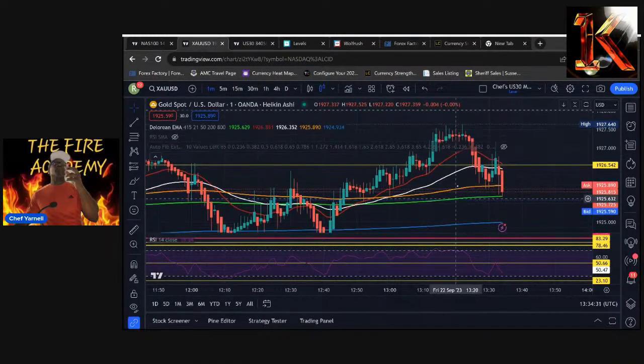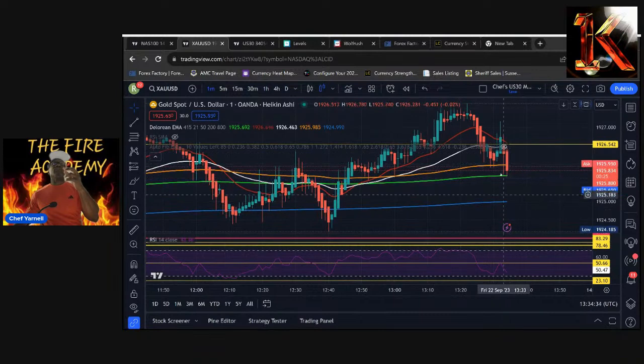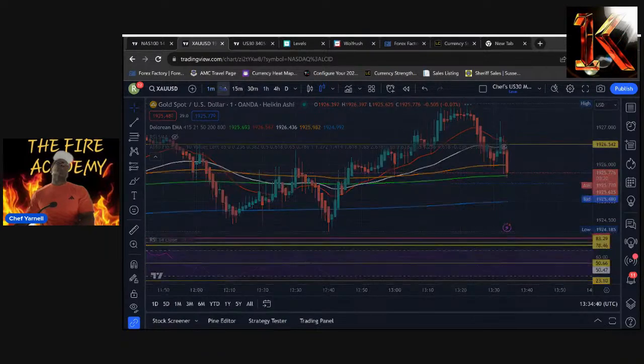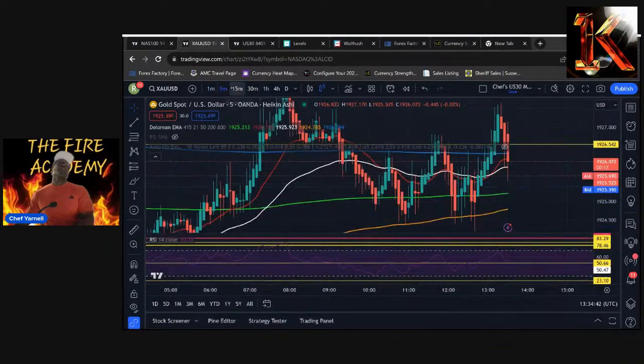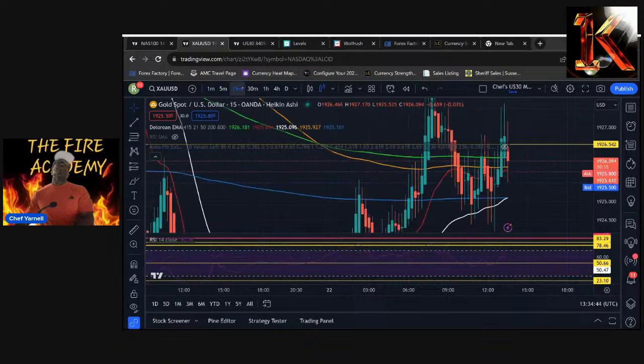Now, I already said the 1 minute is set up for a sale. We have room in the RSI. This is the only chart I believe that's setting up for a sale because the rest of them look crazy. So we're probably going to get this bounce down to 1925.10, which is still not like a full point.